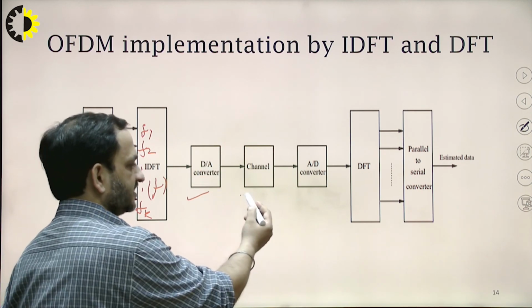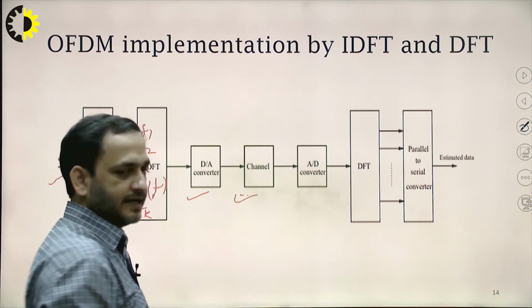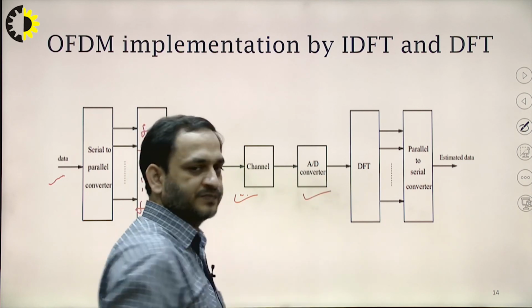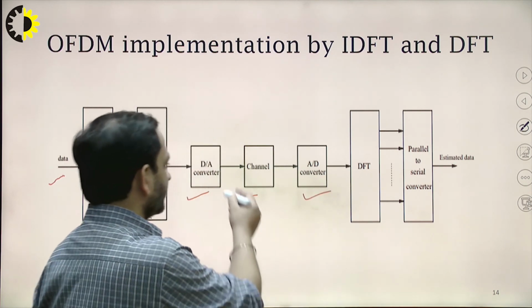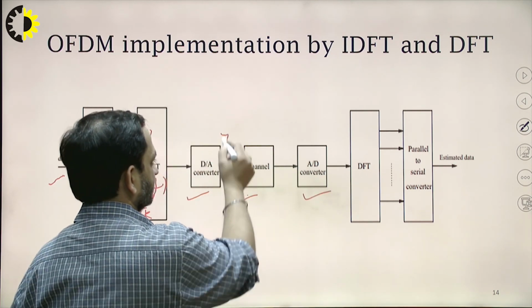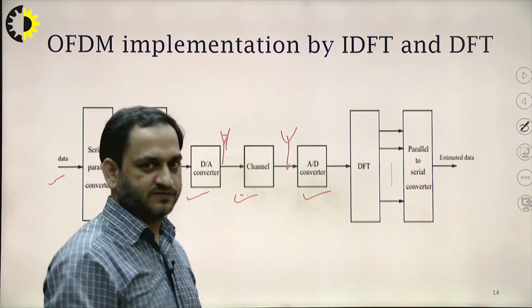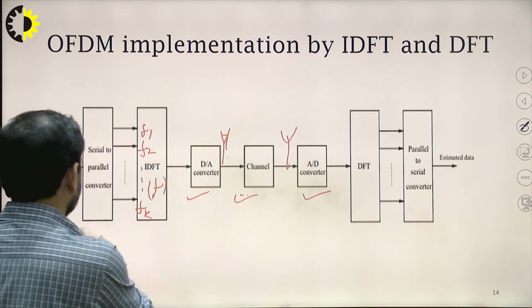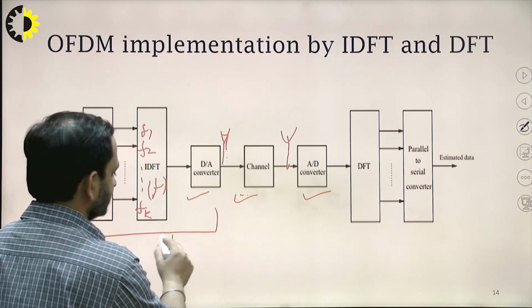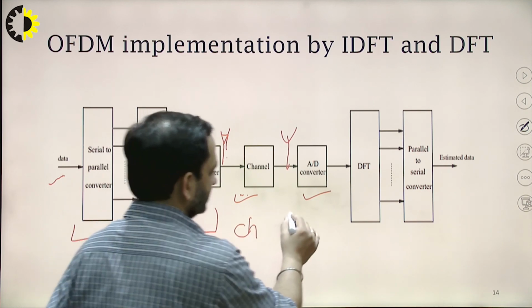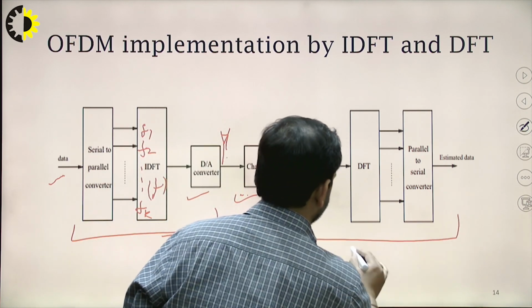This is the channel through which we transmit the signal, and at the receiver side we use the A to D converter, analog to digital converter. At the transmitter we require different antennas, and at the receiver side also different antennas. This section is the transmitting side, this is the channel, and this section is the receiver side.